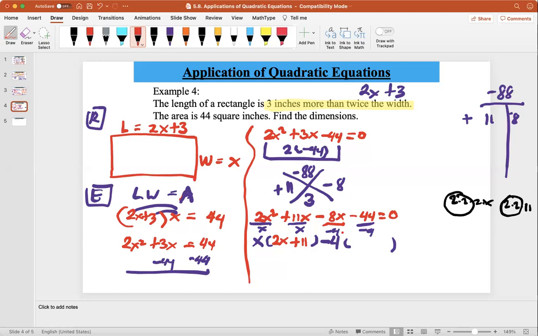Negative 8x divided by negative 4 is 2x. Negative 44 divided by negative 4 is positive 11. Now you see we have the same common binomial factor, so you factor out 2x plus 11 and get the other factor, which is x minus 4, and that's equal to 0.